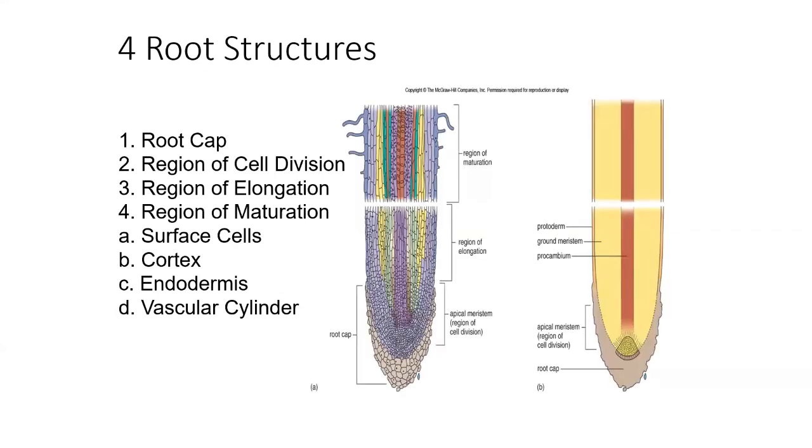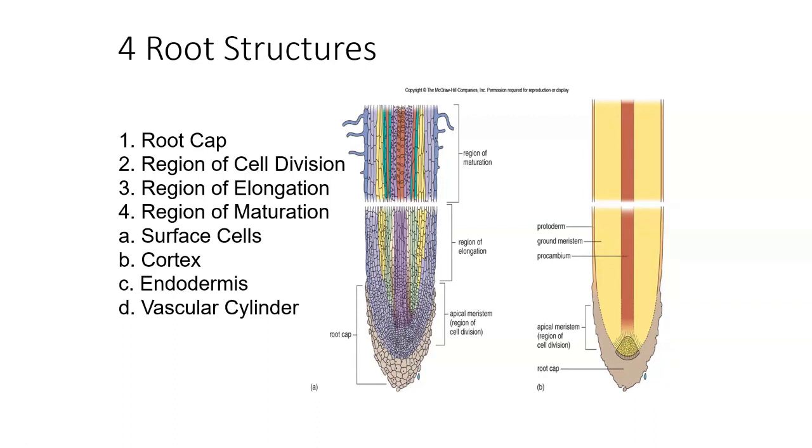Now for root structures. If you were to take a root and look at it underneath a microscope, this is what you have. Again, moving from bottom to top, you have the root cap. Okay. Then you have the region of cell elongation. So again, that's where that root is trying to stretch and move. And you have cellular division.